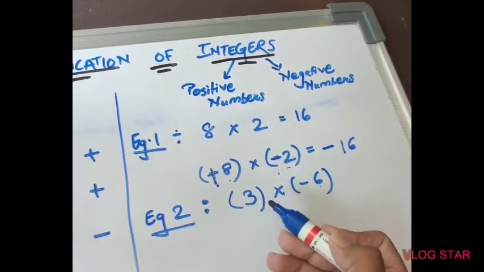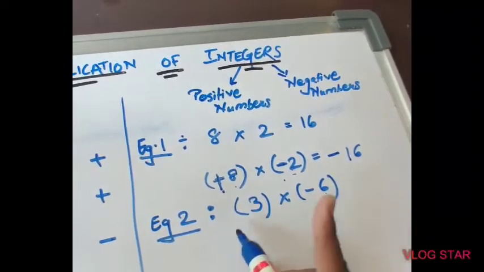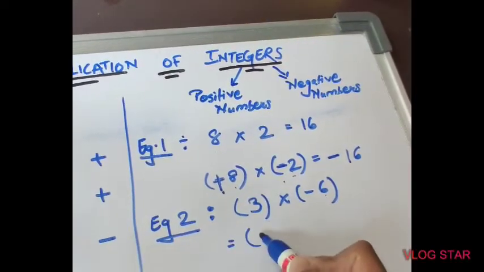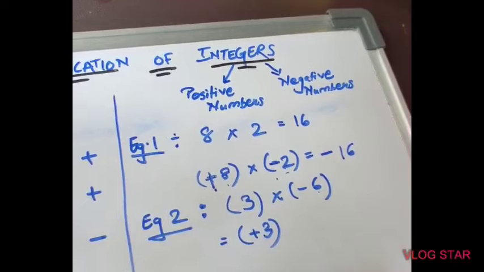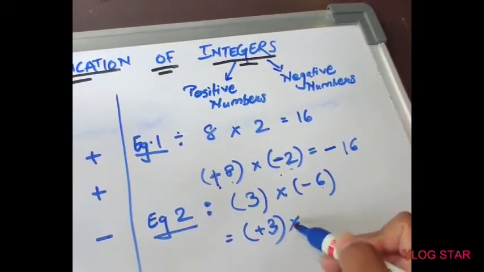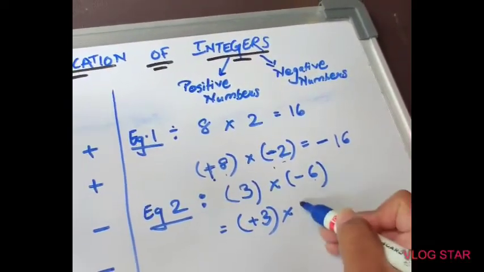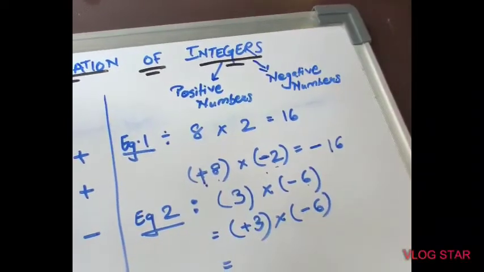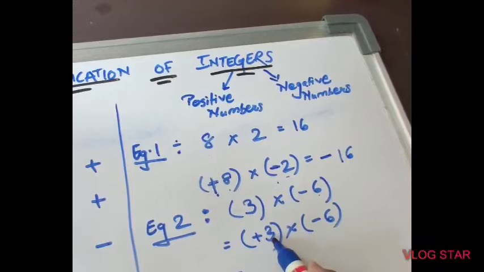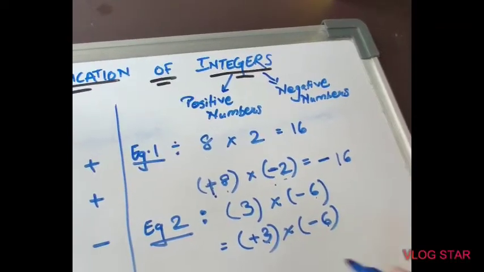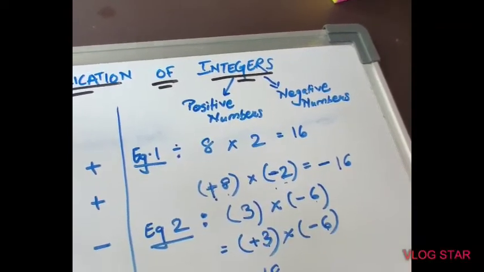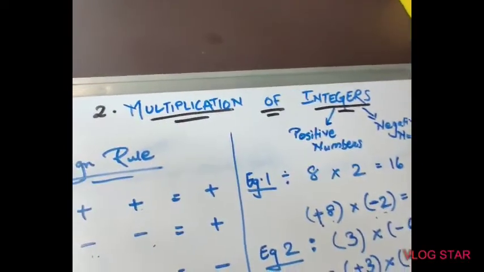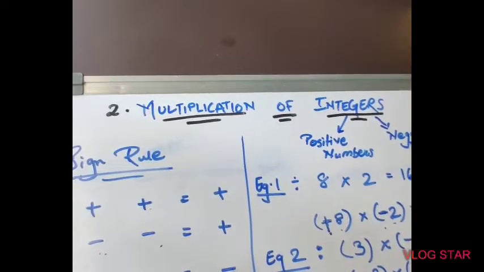So if you remember, wherever there is no sign, there is plus. So what you need to do is plus 3 into minus 6. Now multiply the numbers. 3 6s are 18. Plus into minus gives you an answer of minus.